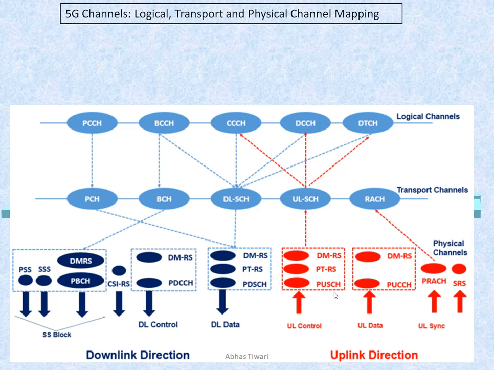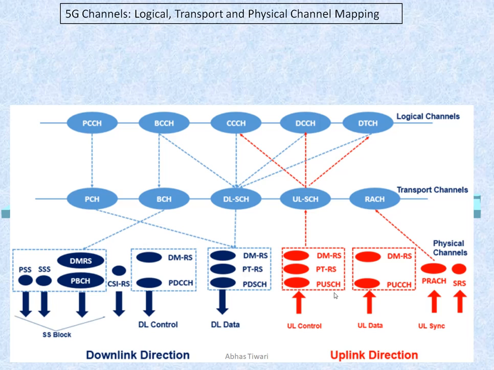PCH is used for paging, BCCH for broadcast, CCCH for control channel, DCCH for data, DTCH also for data. The transport channels: PCH paging, BCH for broadcast, DL-SCH for carrying your data, UL-SCH for uplink data, RACH for random access. And for physical channels, you can see there are PSS, SSS, DMRS, PBCH. So these kinds of things are also here.